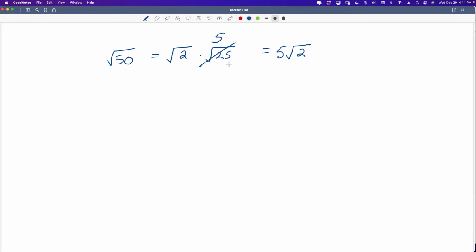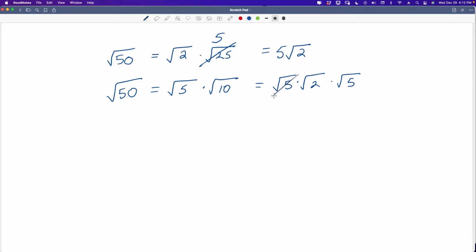And if you're not sure about this, you can always just factor it out. So if it didn't occur to you on the front end that 25 was an option, you could have done something like this. Well, 5 times the square root of 10, right? And 10 is 2 times 5.